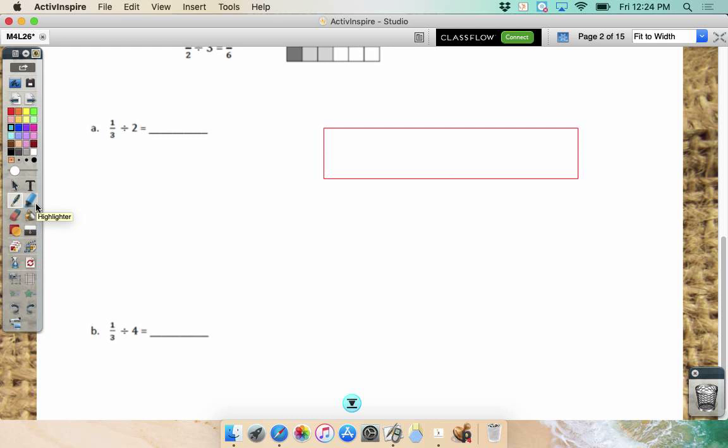Now, I'm going to circle. I don't want you to, but I have to show 1/3 on my tape diagram. That's my first step. So how would I do that? You make one whole divided into 3 parts. Okay. And the best way to show 1/3 on this tape diagram is to shade 1/3.